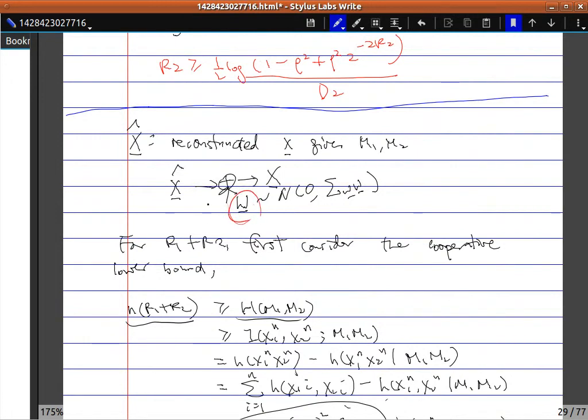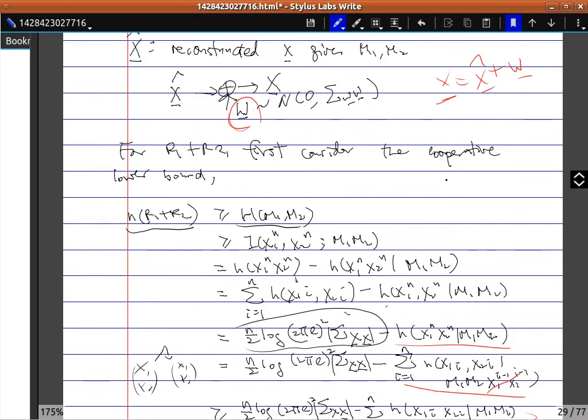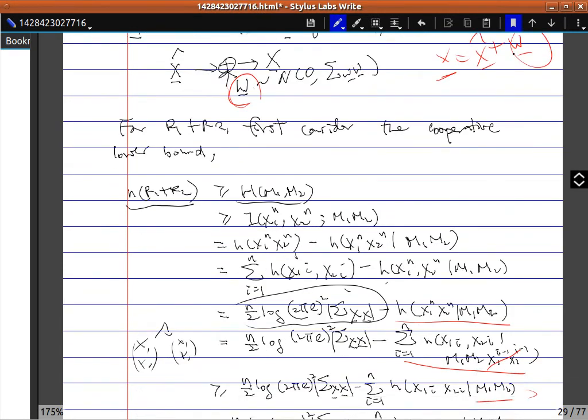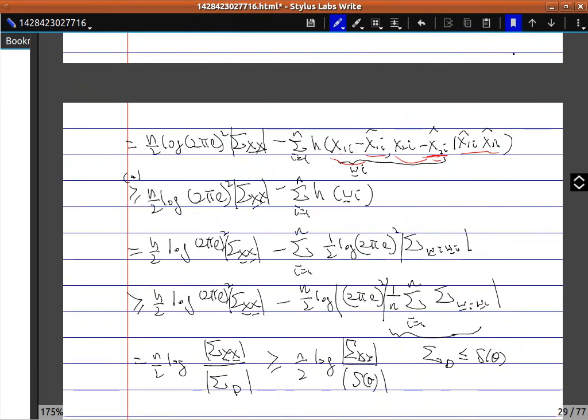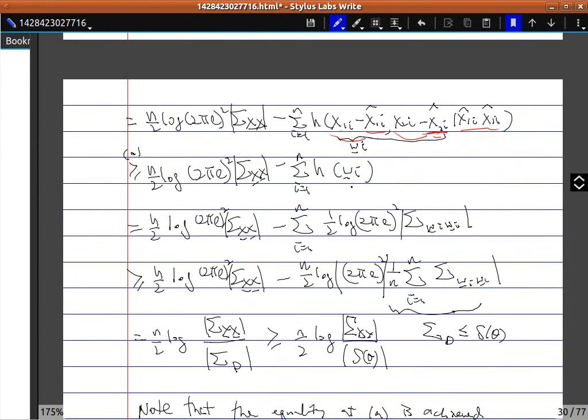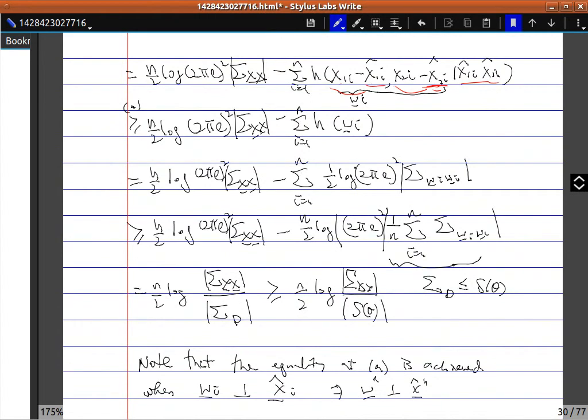I'm not sure I emphasized that. Basically, we just write x is now equal to x hat plus w, so therefore w is essentially the error. Okay, then this w here.